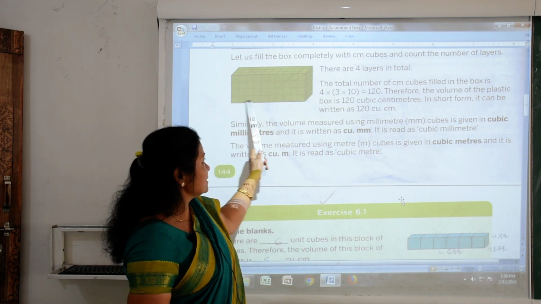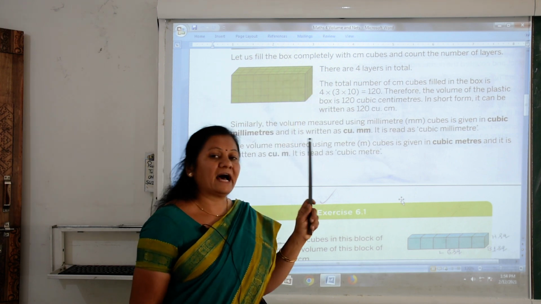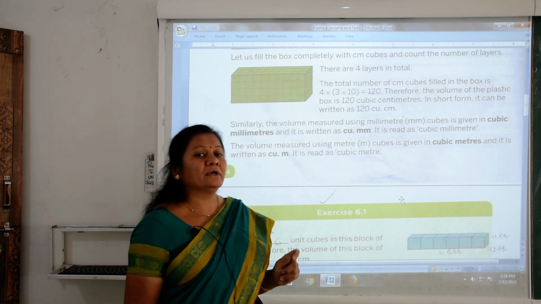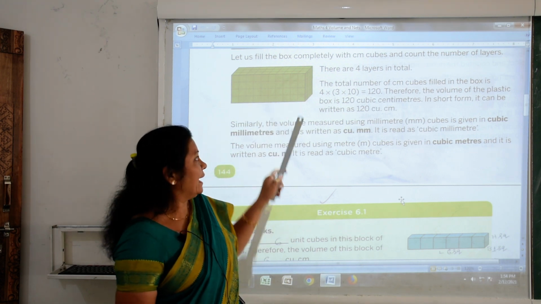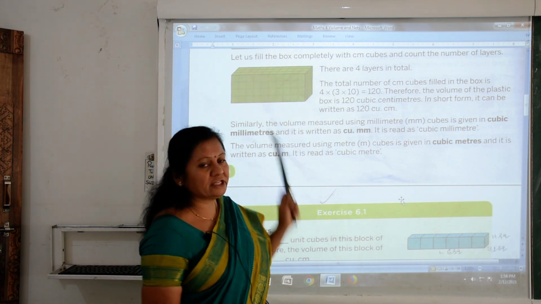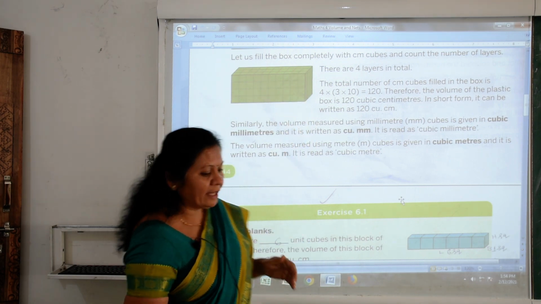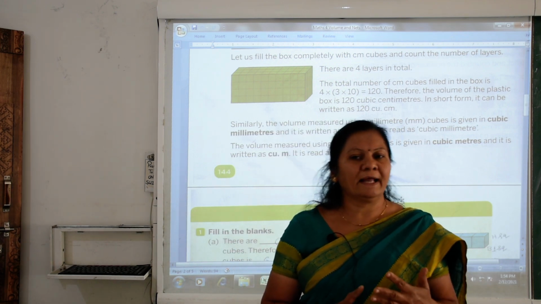So here this is given length, this is breadth, and this is height. So we can count how many cubes. Length 10 squares, breadth 3 squares, and height is equal to 4 squares. For finding out volume we can multiply length, breadth and height.